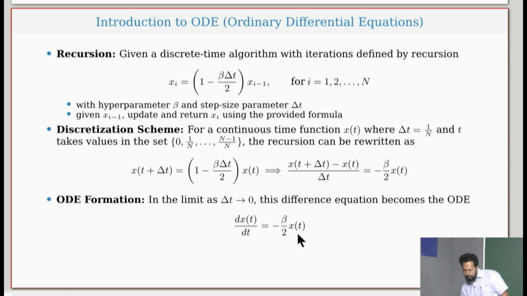So what we observe is this recurrence relation that we have has a continuous variant like this, and the solution to this should give me the same solution at the discrete points here. So this is what we call from discrete to continuous.